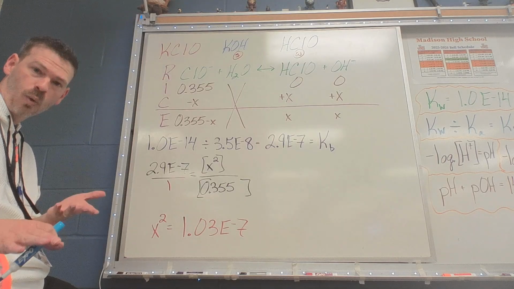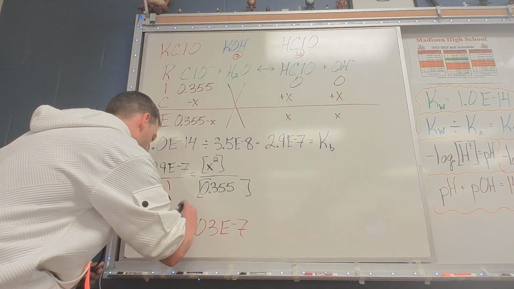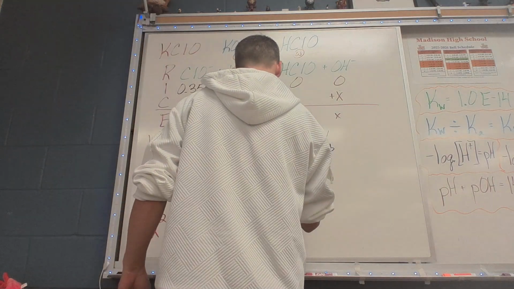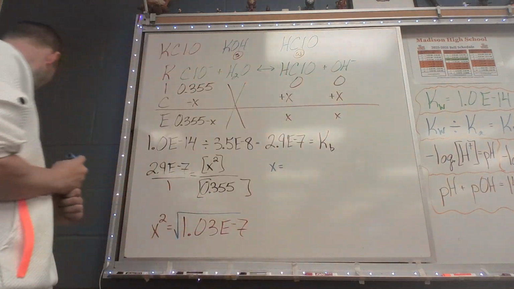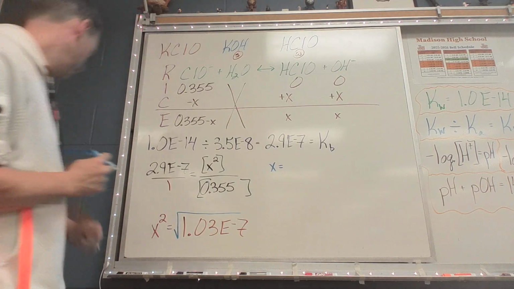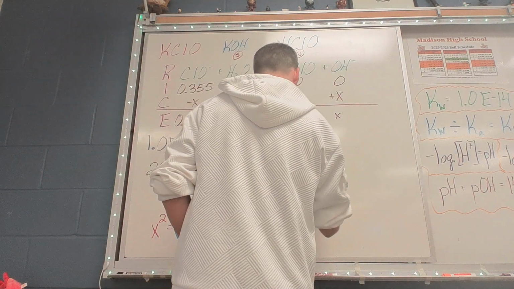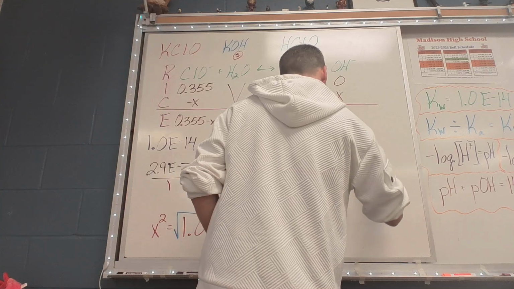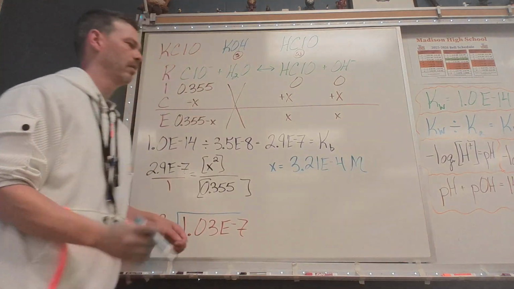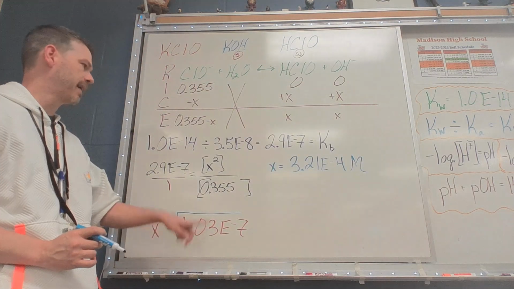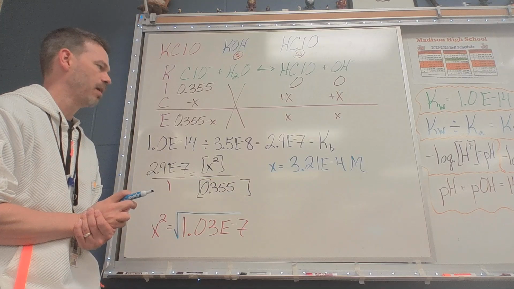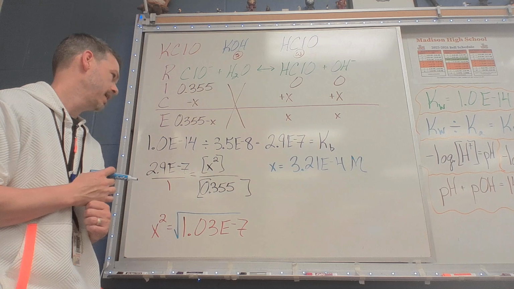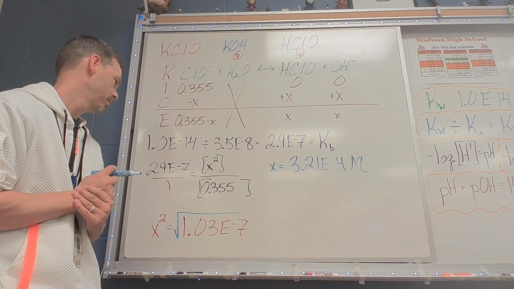Isolate the X, square root. The square root of X squared gives X, 3.21 E negative 4 molar.